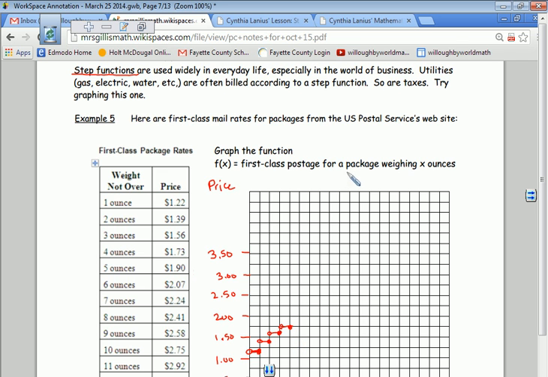Can you think of something else, maybe besides postal rates, that this would happen with? Number of people. So you can't have part of a person, so you have to jump up. We would jump up, but we wouldn't have anything in between here. That is true. Yes. Taxes? Gas prices.